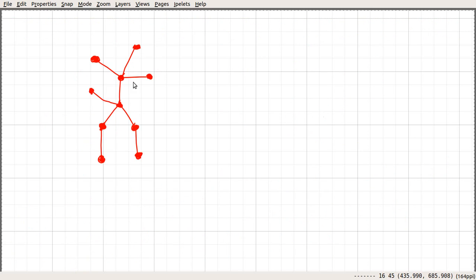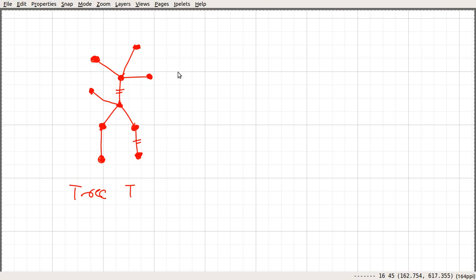Again, if you look at a particular tree, let's call it T, and remove any edge, the graph will become disconnected.